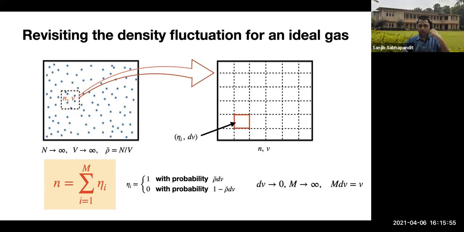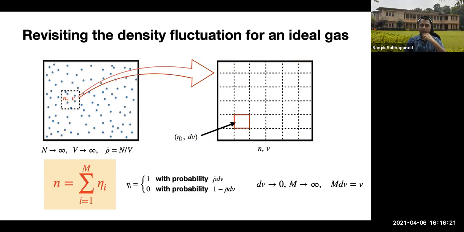Imagine that you have divided this volume into very small, infinitesimal cells of volume dV. Clearly, the total number of particles in this volume is the sum of the number of particles within each cell.